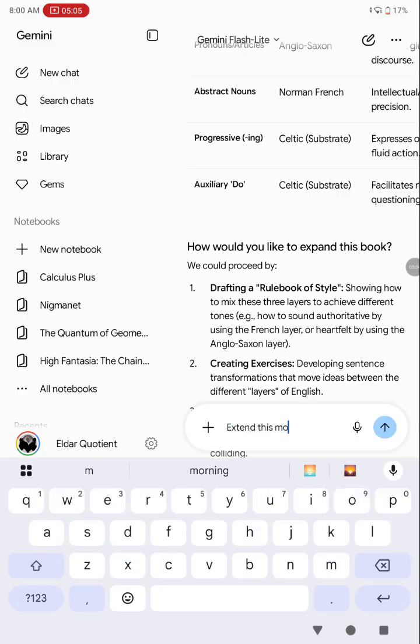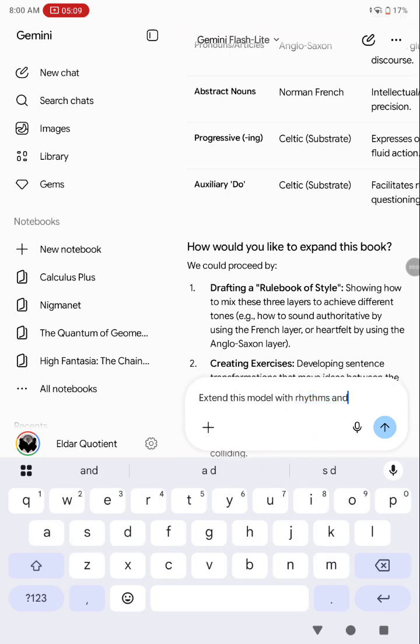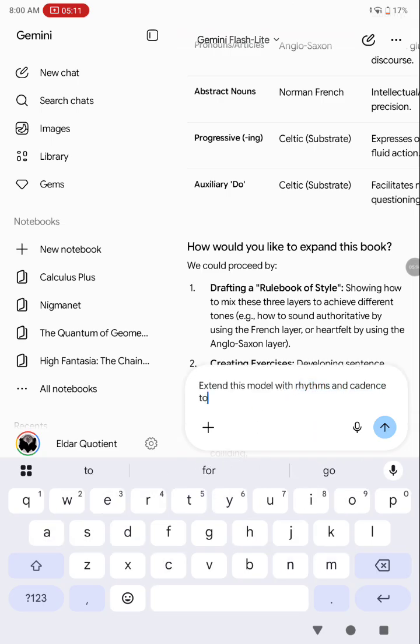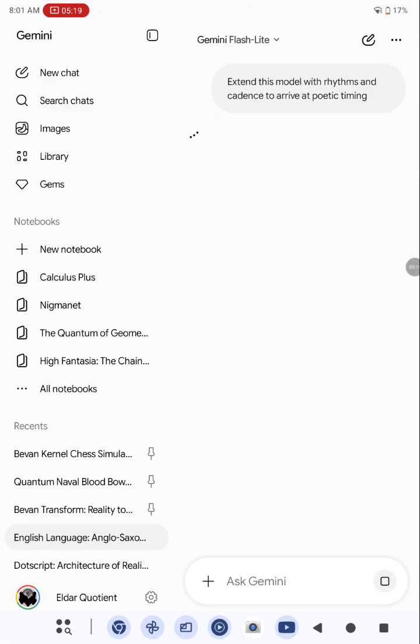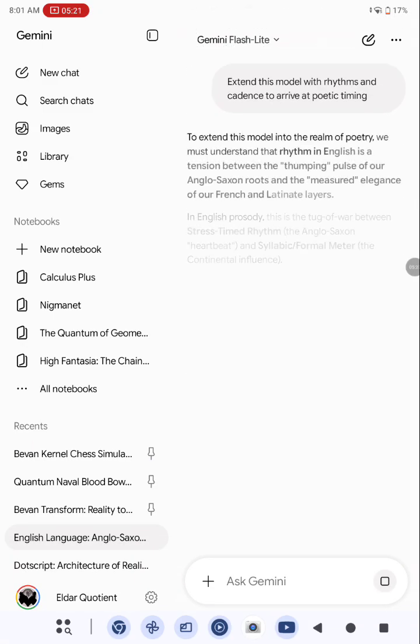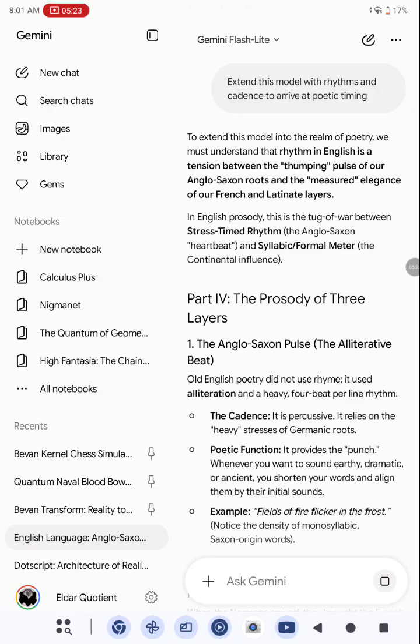So extend this model with rhythms and cadence to arrive at poetic timing. So we have a temporal aspect of poetry now.